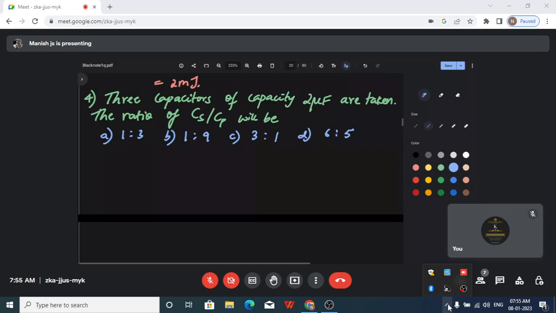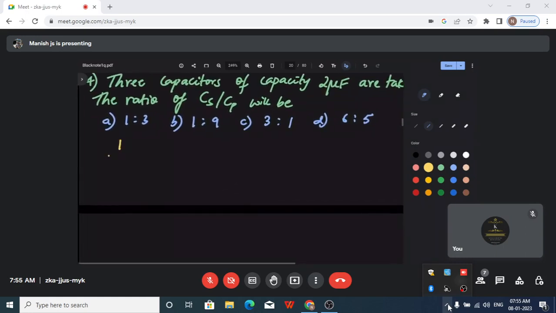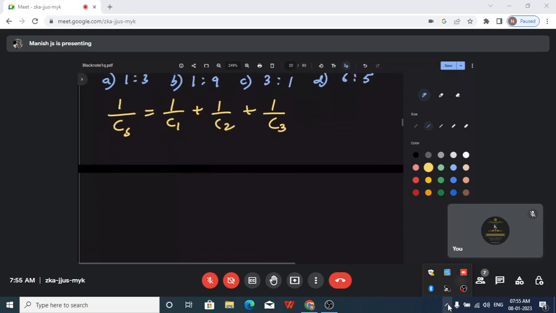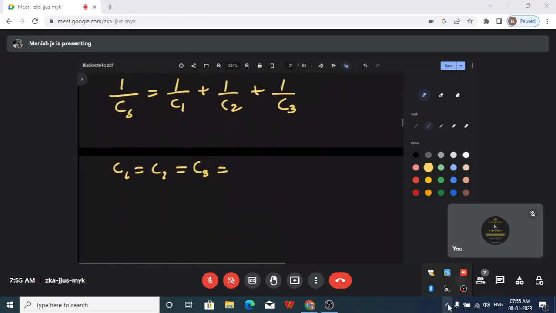First step, we find the series capacitance CS. The formula for capacitance in series is 1/CS is equal to 1/C1 plus 1/C2 plus 1/C3. In the question C1, C2, C3 are all equal to what value? 2 microfarad. Yes, so we can put that.